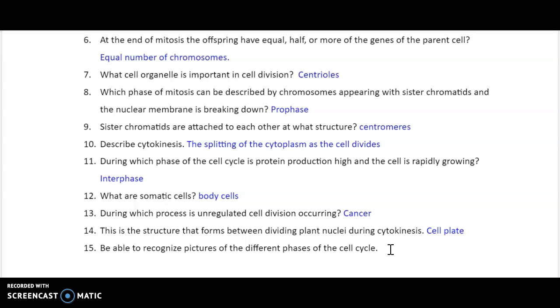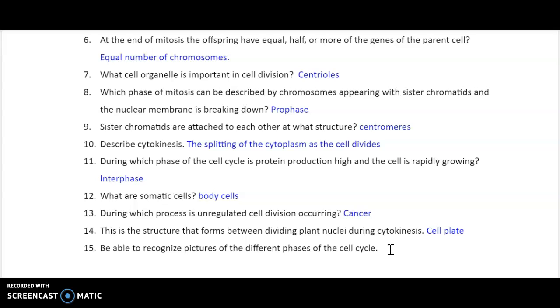And then those newly replicated chromosomes start bunching back up and they look like little X's that we see in pictures sometimes. Well, that's the two sister chromatids joined together, and they're joined at the centromeres, so we still count them as one chromosome each. And then they line up down the middle. That would be metaphase. Meta means middle.